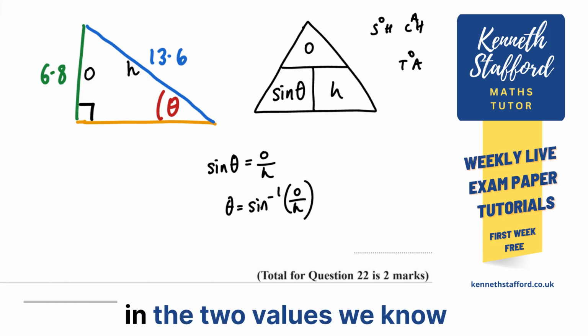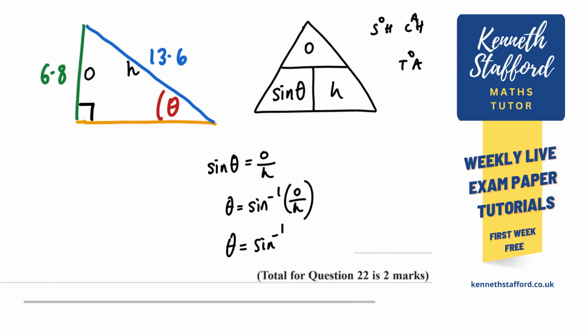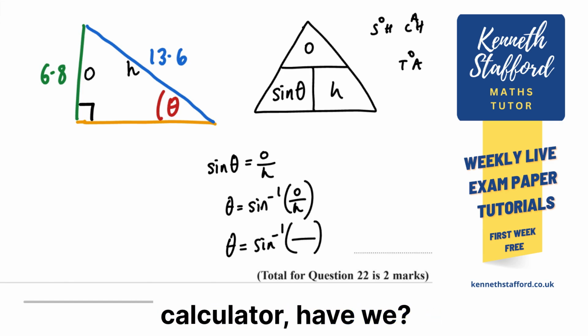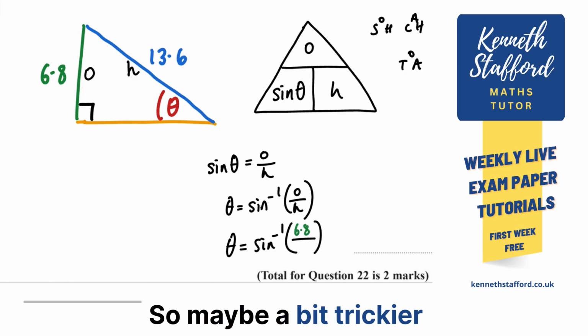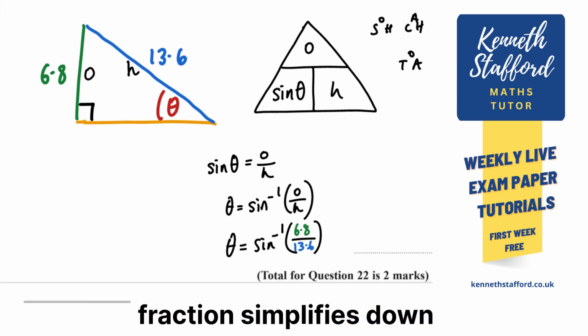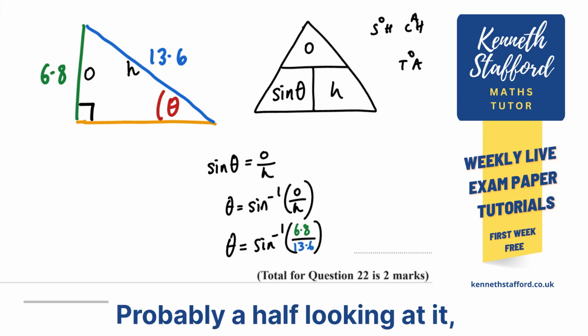So we're going to substitute in the two values we know and then think about this because we haven't got a calculator, have we? So maybe a bit trickier than I thought. What I'm expecting is that this fraction simplifies down to something nice.